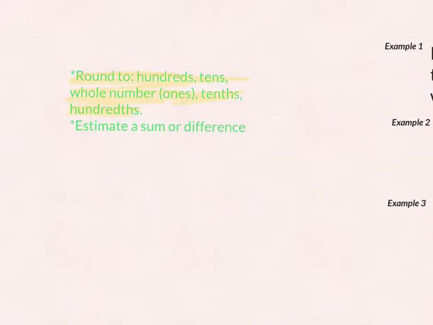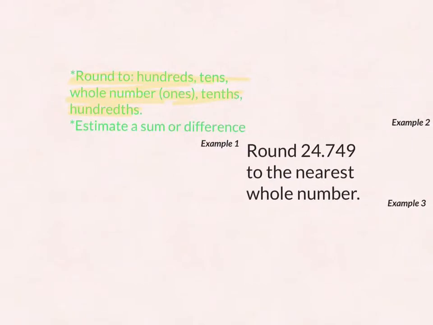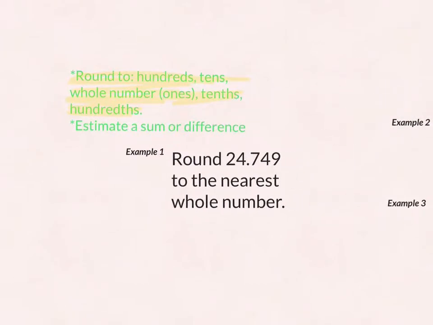So first of all, what is the point of rounding? The reason you would want to round numbers is so that you can have a close enough number that's easier to say or write. So if you look at this example, here we have a number that is 24 and 749 thousandths. That is not a nice round number. So when we say we're going to round it, we're going to find what is it closest to.